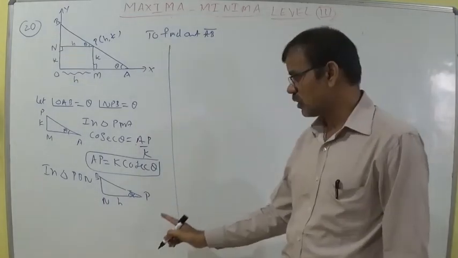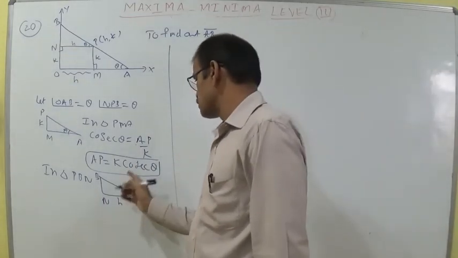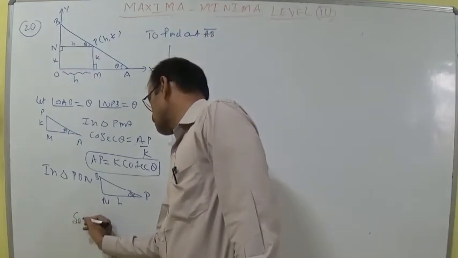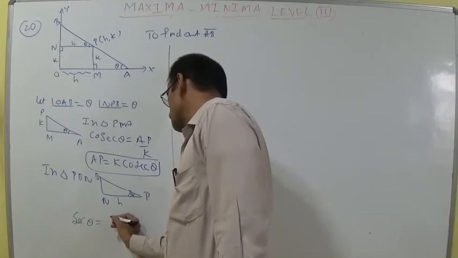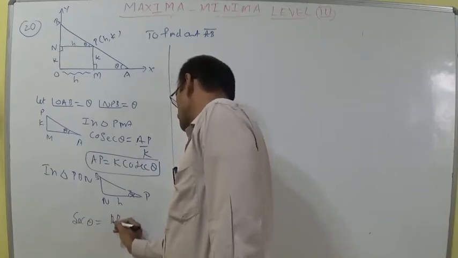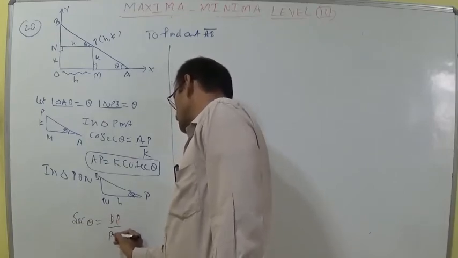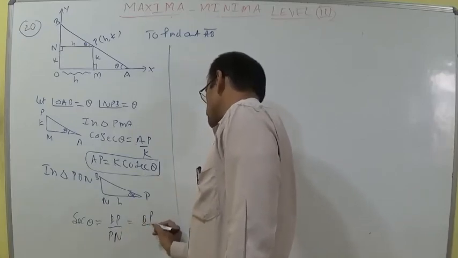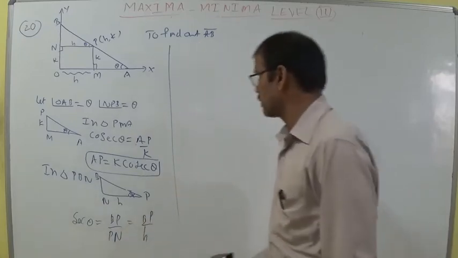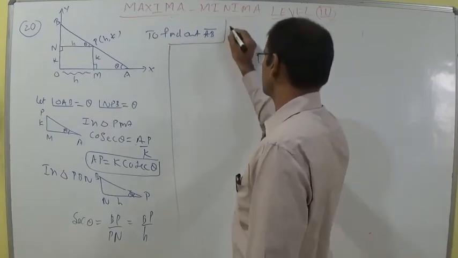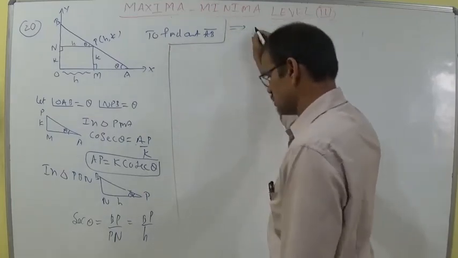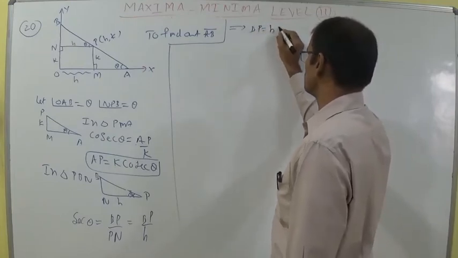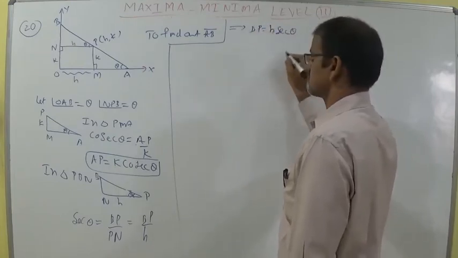In this triangle, what should we calculate? Using cosecant theta we had written earlier, better to write secant theta here. Secant theta is equal to BP by PN, so BP by H. That implies BP is equal to H secant theta.